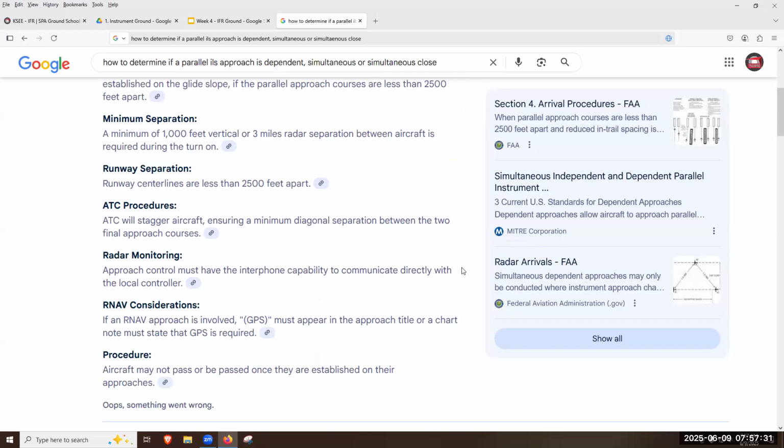Just the unspoken rules that ATC always plans it so that, maybe if it's a dependent ILS approach, ATC always plans it and times it, so you never have two aircraft coming in side by side. You see that for VFR into Montgomery a lot, actually basically every day there.